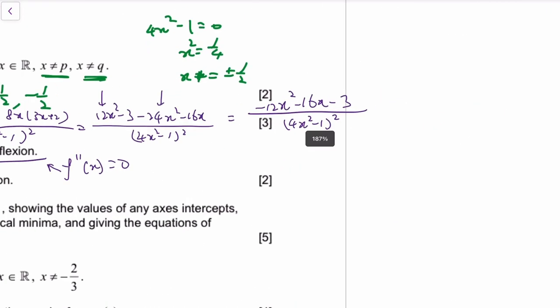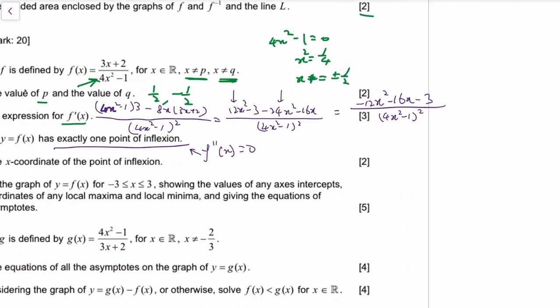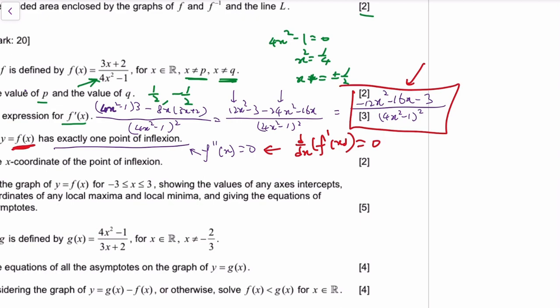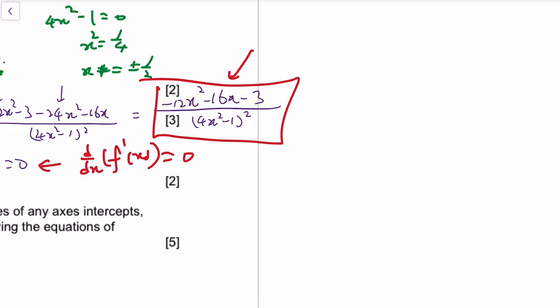Another way would be: if the second derivative needs to be 0, then it means the derivative of the first derivative is 0, which means the first derivative should be at a maximum or minimum. So another way to locate the point of inflection of the original graph would be plotting the graph of the derivative and then looking for maximum and minimum.